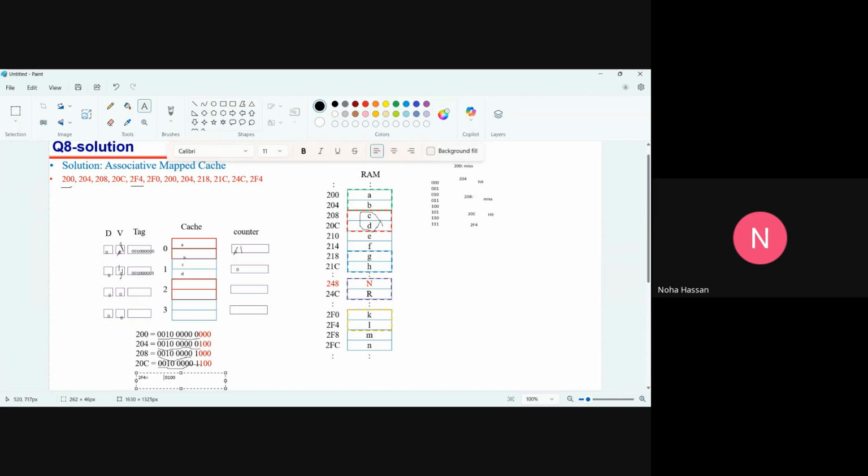And then we have the F, 1, 1, 1, 1. And then 4. And then after that, I have the 2, 0, 0, 1, 0. So this is my tag.